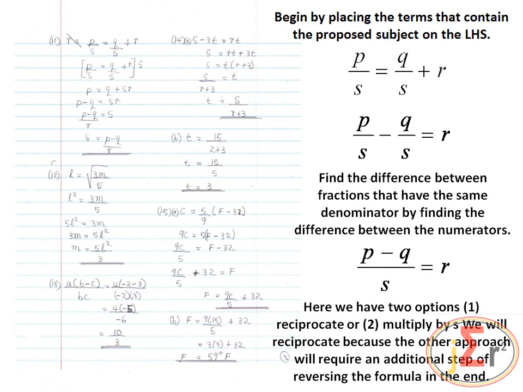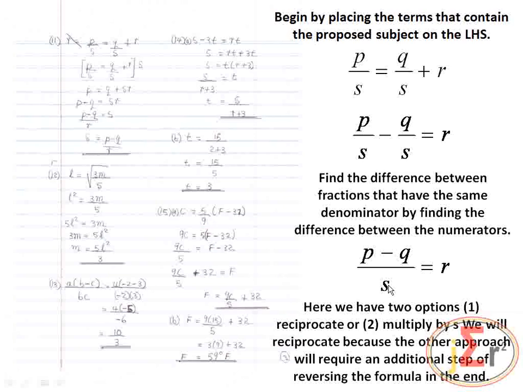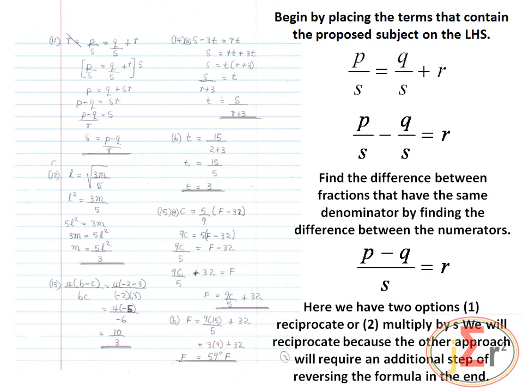The other one is to multiply by s, because we have a denominator of s here. If we multiply by s, we will be eliminating the denominator. However, we will choose to reciprocate because the other approach will require an additional step of reversing the formula in the end.